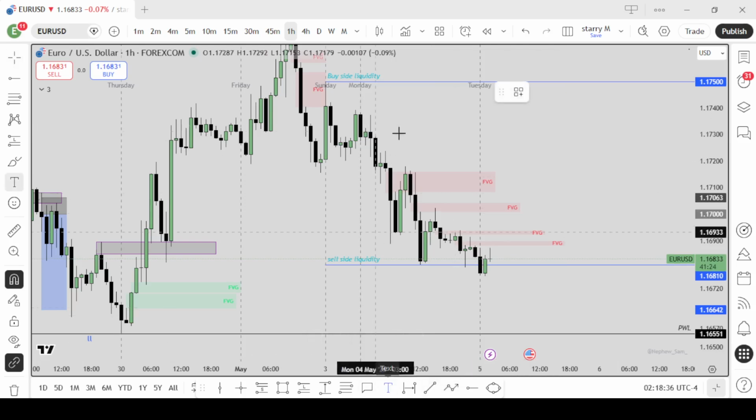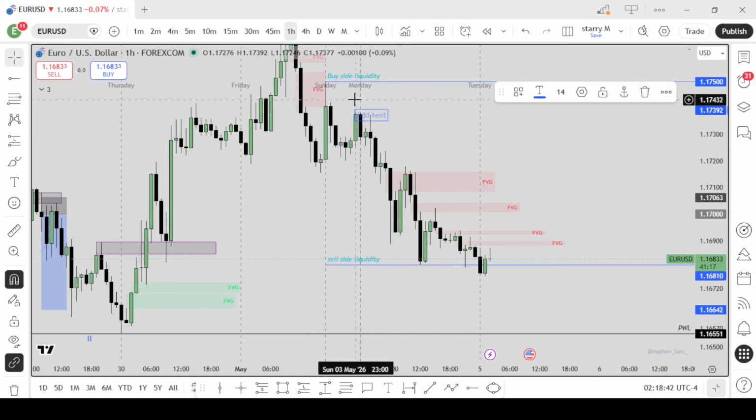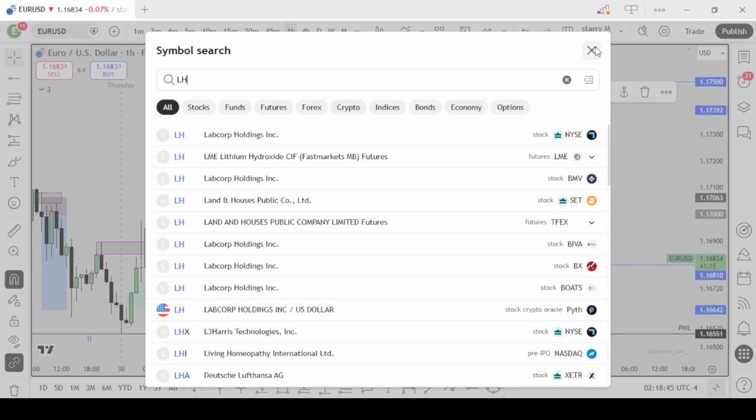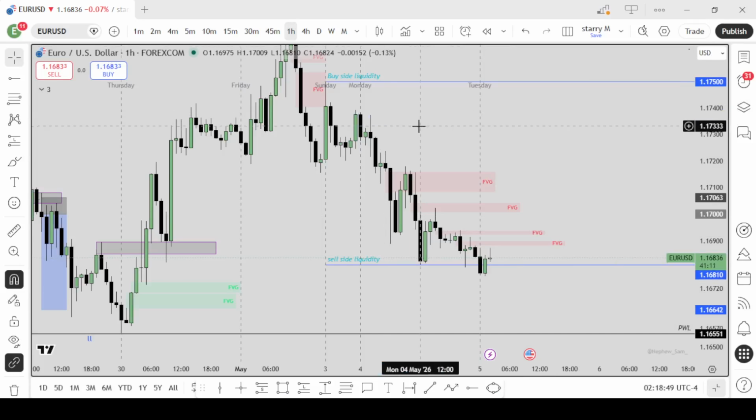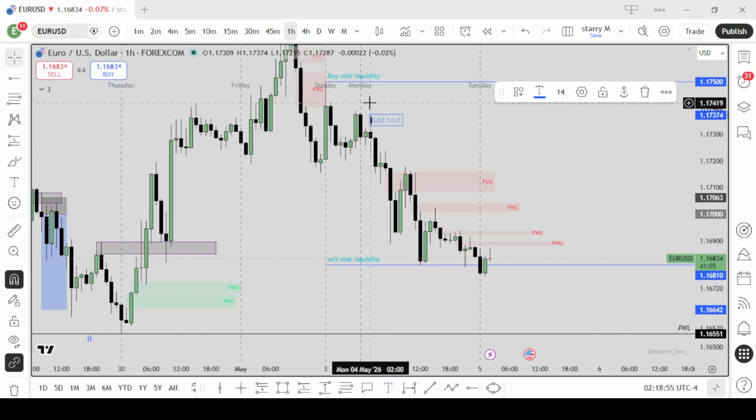Let's just mark out the market structure here. We can start with this. This is lower high, lower high. Lower high, lower low.